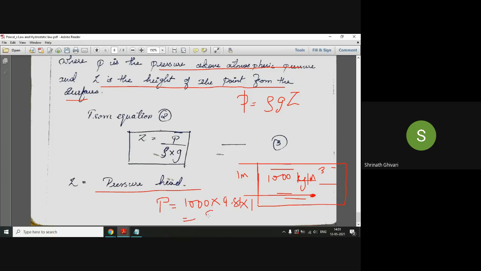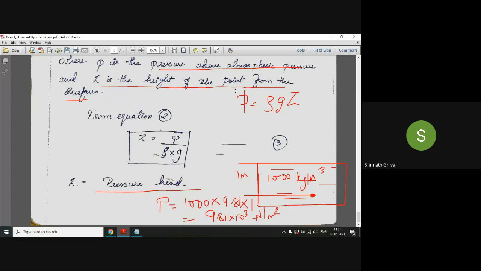So the answer is 9.81 into 10 raised to 3 Newton per meter square. So as we go into the depths, the pressure will go on increasing, right? This is the point where we can prove that with the increase in height, in the static mass of a liquid, the pressure goes on increasing.